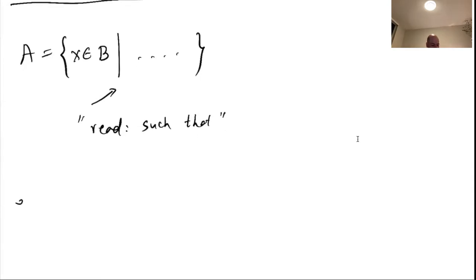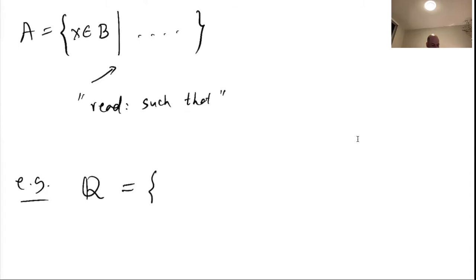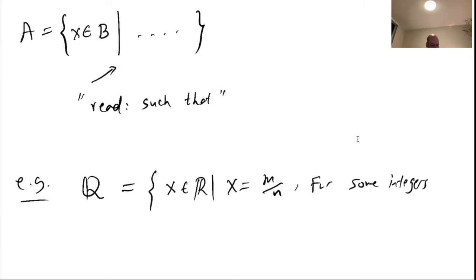So for example, let's say rational numbers. We can say that it's the set of elements x, let's say in R, such that x is equal to m over n for some integers m and n, with n not equal to 0.